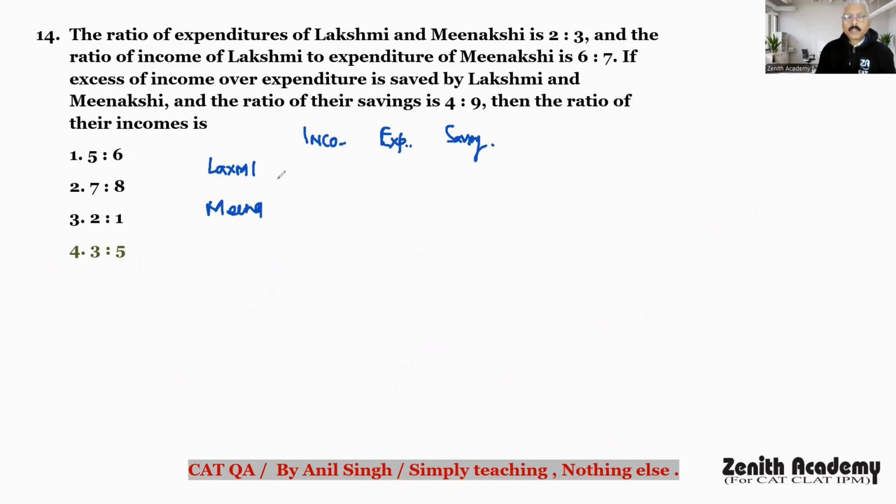So a ratio of expenditure of Lakshmi and Meenakshi is given. Suppose it is 2K, then it must be 3K. Ratio is 2:3.